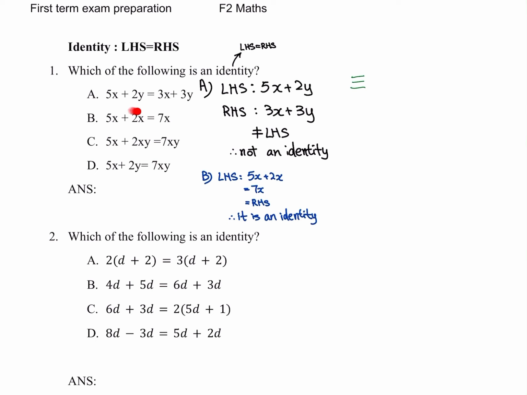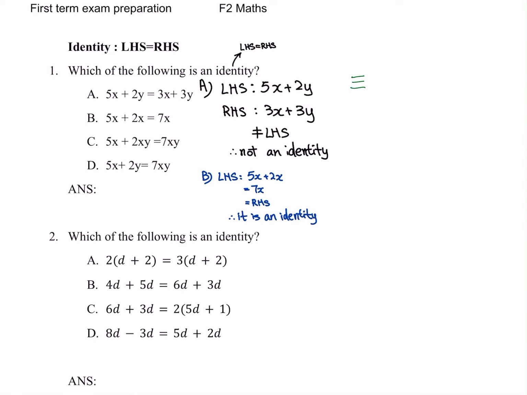Well, you have to check each option one by one. The first one first. On the left hand side of the equal sign, 5x plus 2y. I wrote it here for your reference, of course. Can we combine them? No, because this one has x and this unknown is y. They do not have the same terms, so you cannot combine them together.